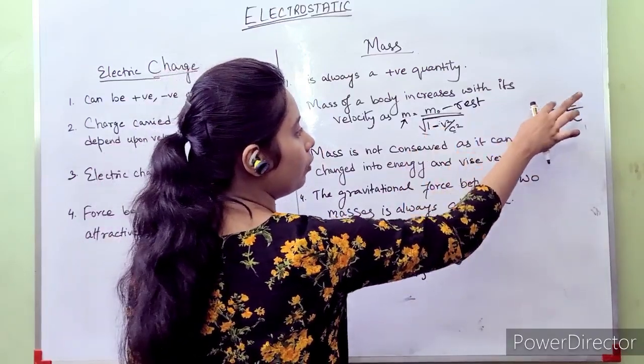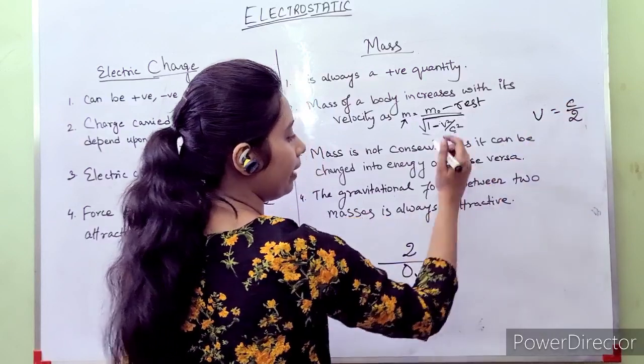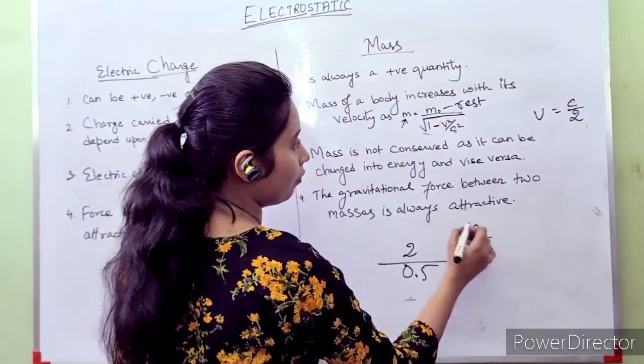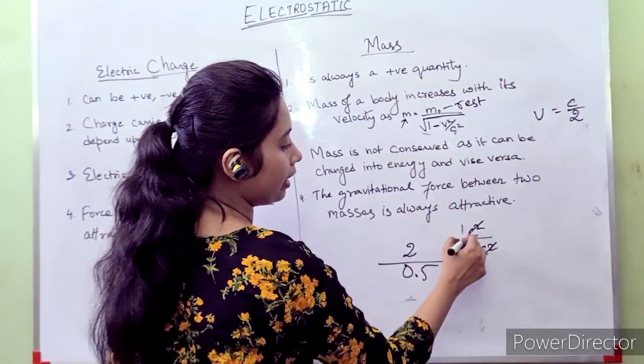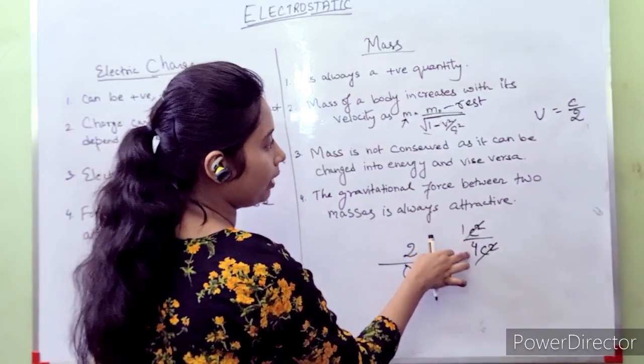Now put the value of v in here. This will be c by 2, that means c square by 4, and this c square. So c square cancels out, and I am left with 1 by 4.